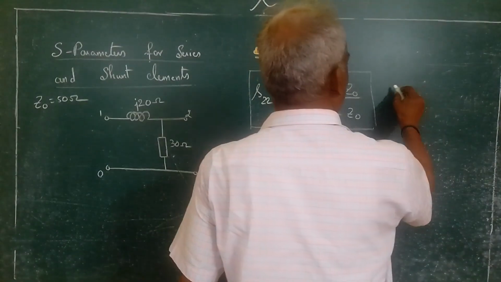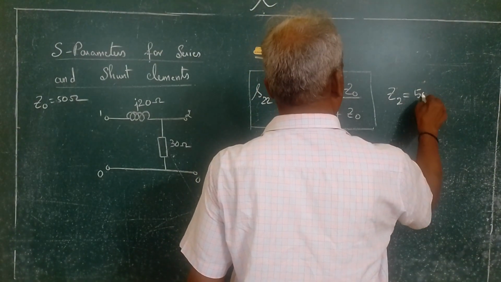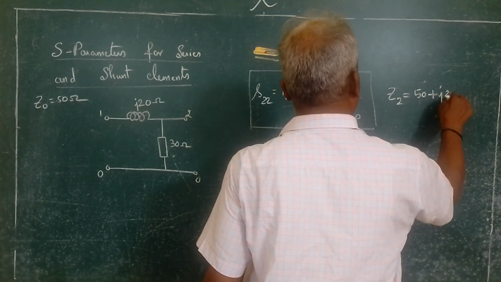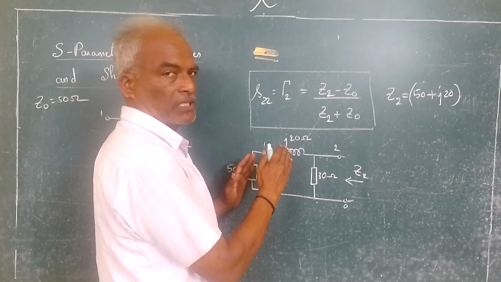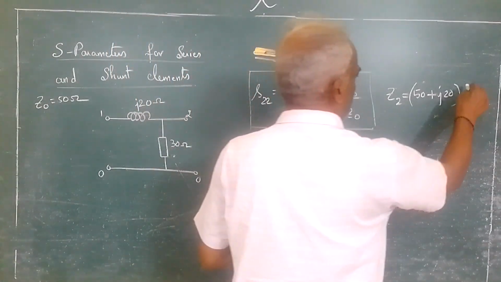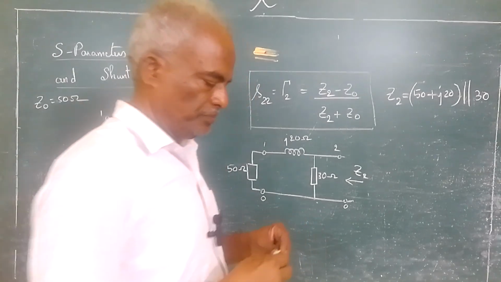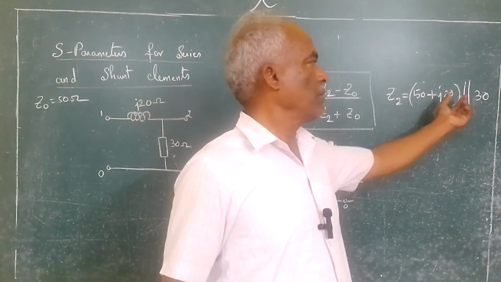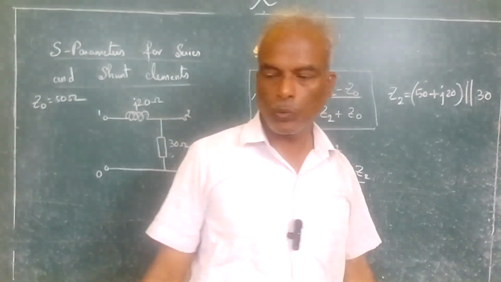So Z2 is equal to 50 plus j20, added up, in parallel with 30. That is, this term multiplied by 30 divided by this term plus 30, which gives Z2.